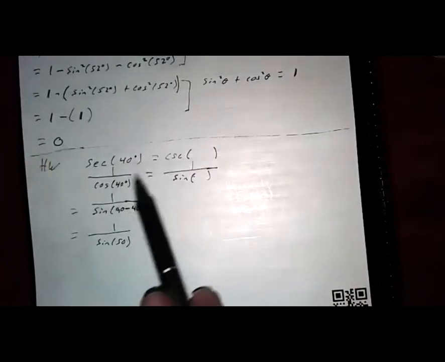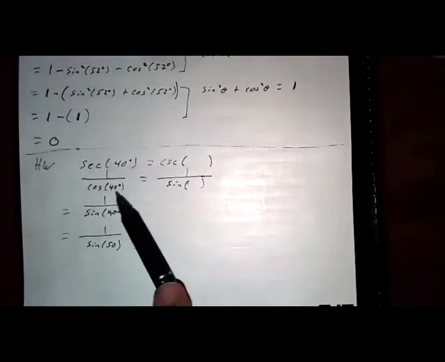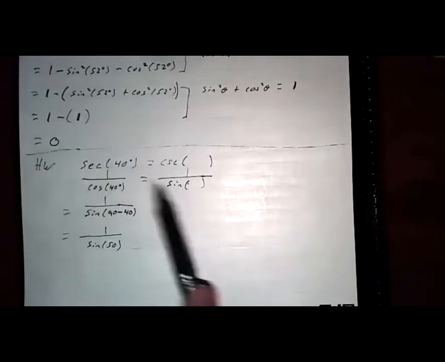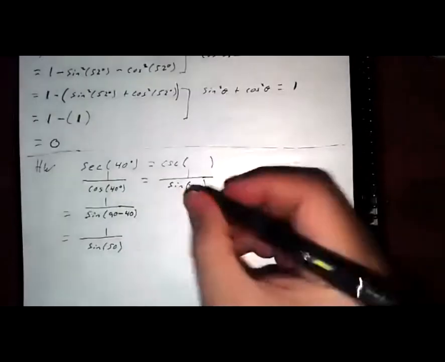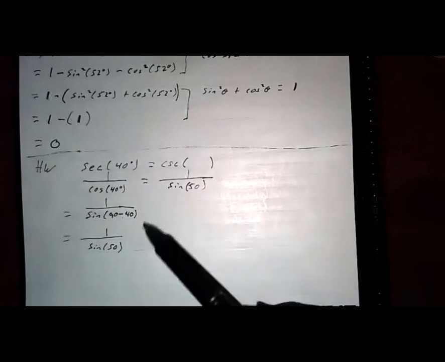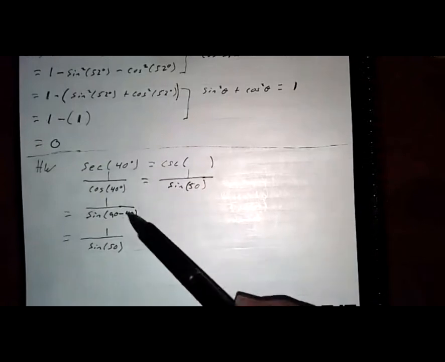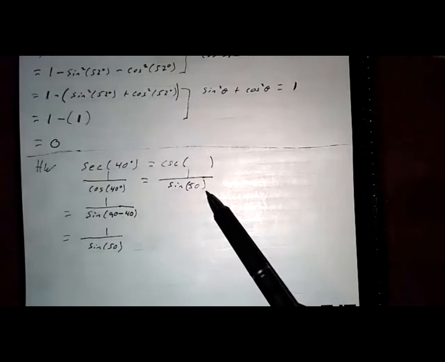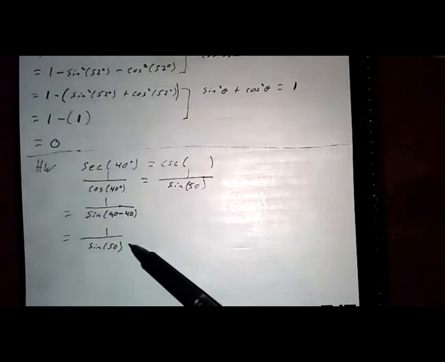So basically what they're saying is, using the complementary angle, how do I make this equal? Well, you would have to shift it, or in other words, this would have to be a 50 to make a complement. But I think actually changing it into this, showing that they're equal, makes a little bit more sense.